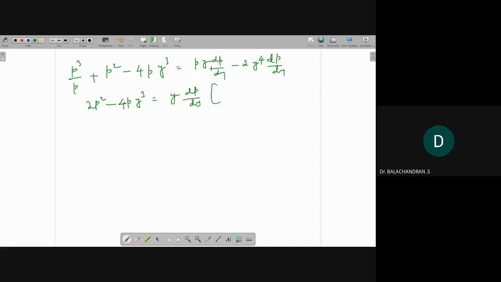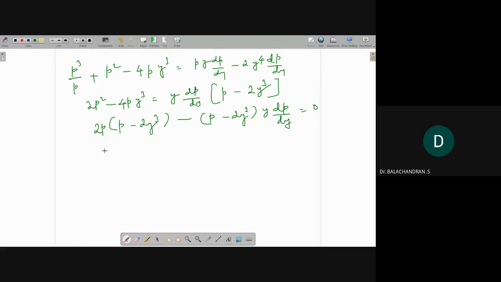So remaining, 2p minus 2y cube. So on the left hand side, take 2p common, remaining p minus 2y cube, minus p minus 2y cube into y into dp by dy equal to 0.